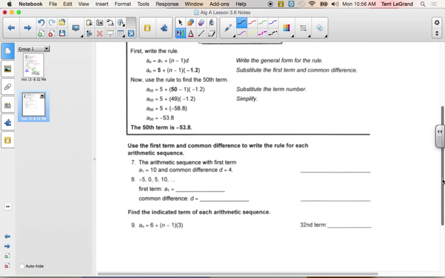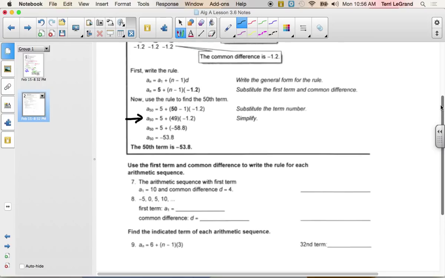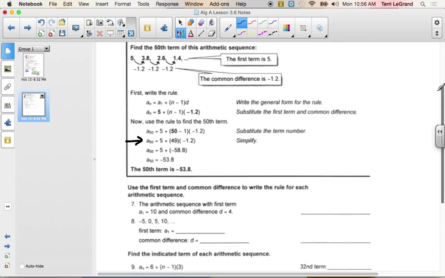Let's take this complicated formula all the way down to right here. Look at it right here. A sub 50, we want the 50th term, equals 5, which was the first term in the sequence that they gave us. Here's our sequence up here. There's the first term in it. The common difference is, in other words, we have to keep subtracting 1.2.